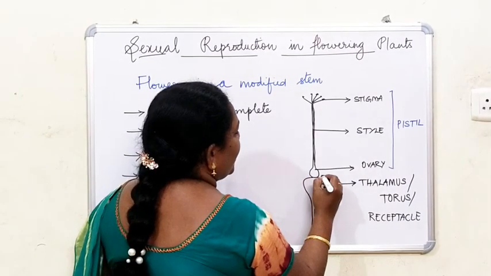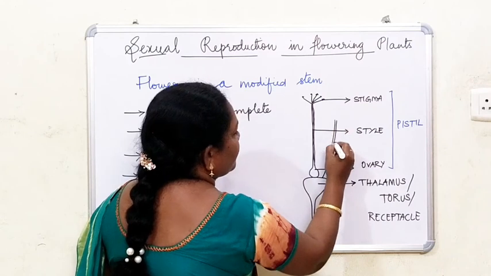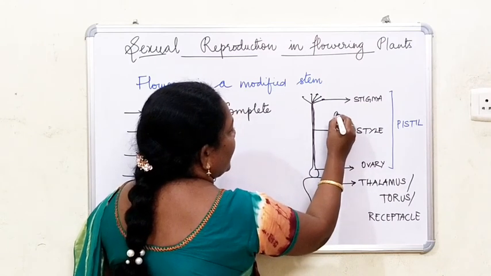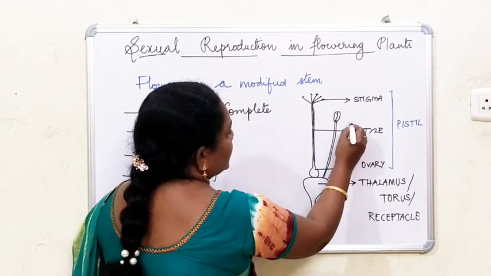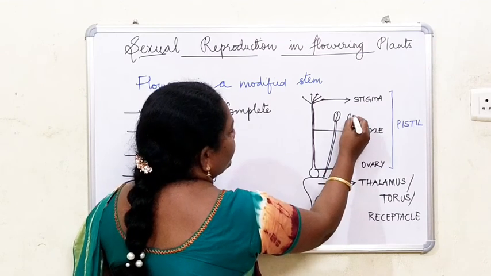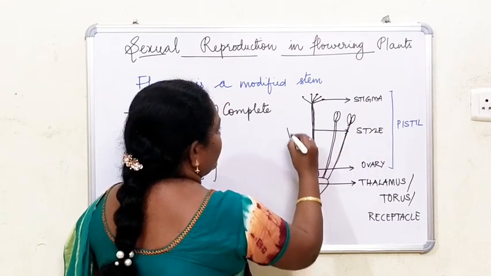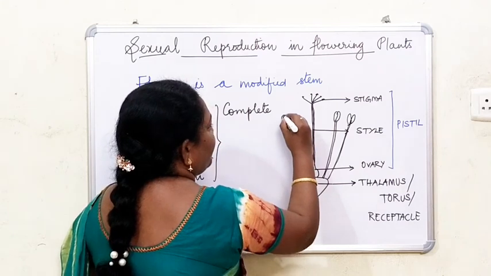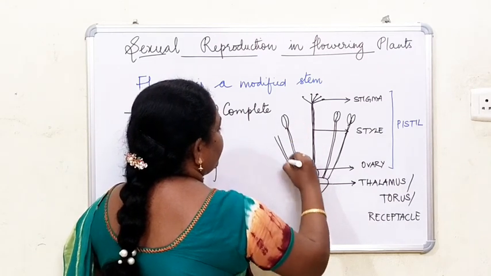Then you have a long filament with the anther lobe, which is the male reproductive part of the flower.